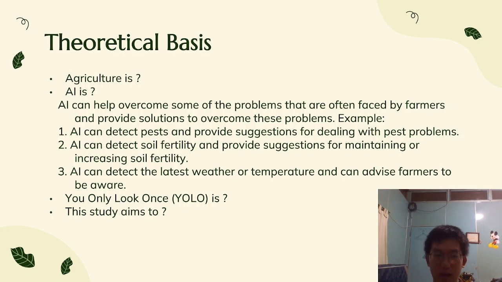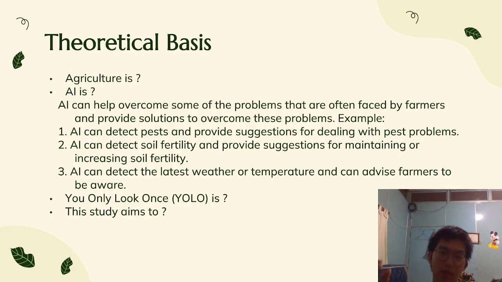What is AI? AI is basically a computer program created by humans that has algorithms with the ability to study data and use data to process, think, and work like humans. AI can help overcome some of the problems often faced by farmers and provide solutions.